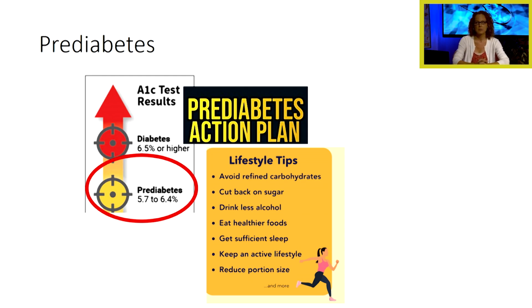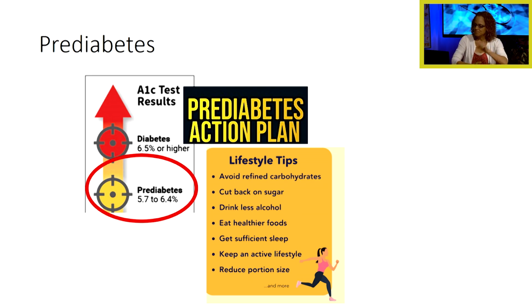Let's say it's 6.2, okay? What they're saying is we are concerned that you are developing type 2 diabetes, and let's put a plan of action into place to see if we can get your blood sugar under control due to lifestyle changes, all right?